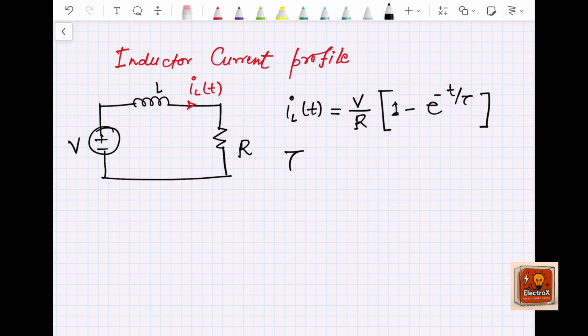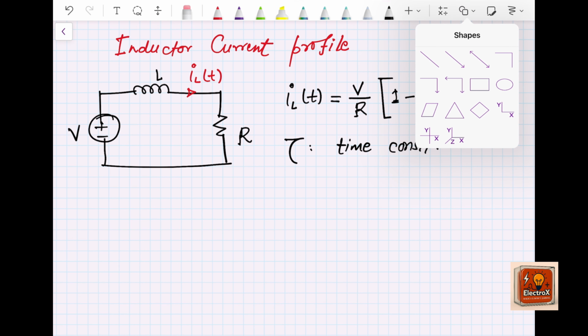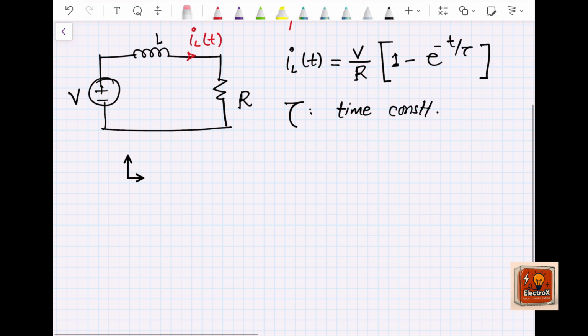Here tau is a time constant, which is defined as the time taken by the current to go from 0 to 63% of its final value. The current profile we can plot here as this.